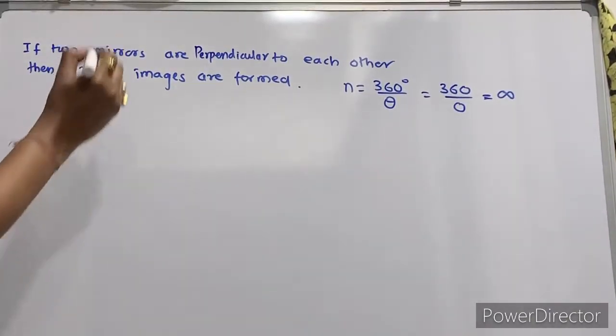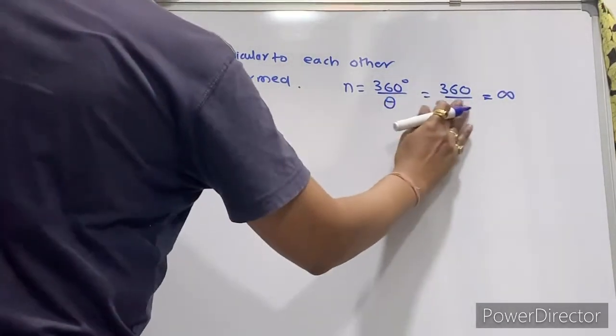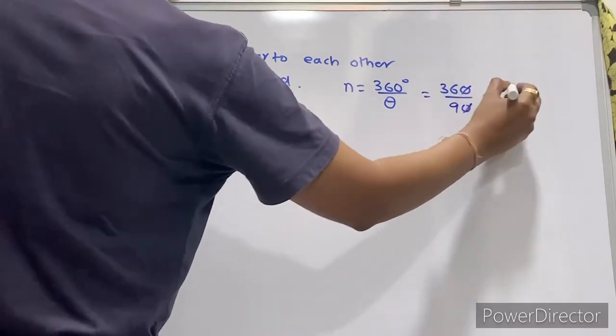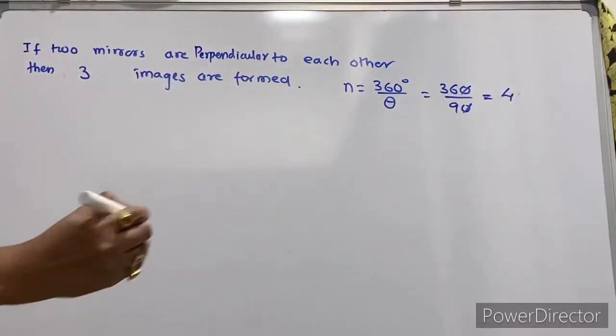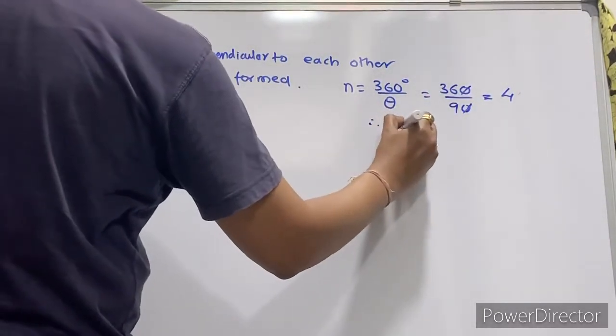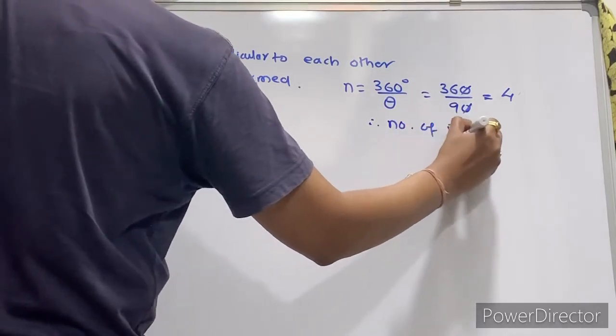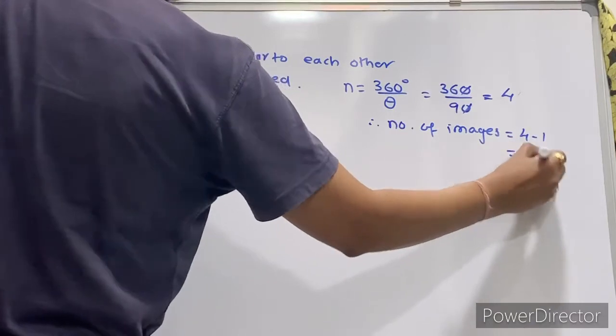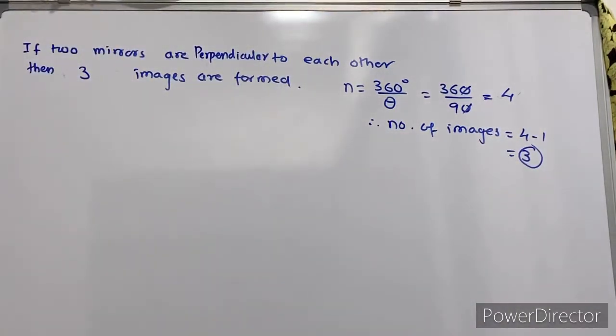It will be 3. How 3? This is 360 upon 90, which is 4. But 4 is an even number. Therefore, the number of images will be n minus 1, equal to 4 minus 1, which is equal to 3. So 3 images are formed when two mirrors are perpendicular to each other.